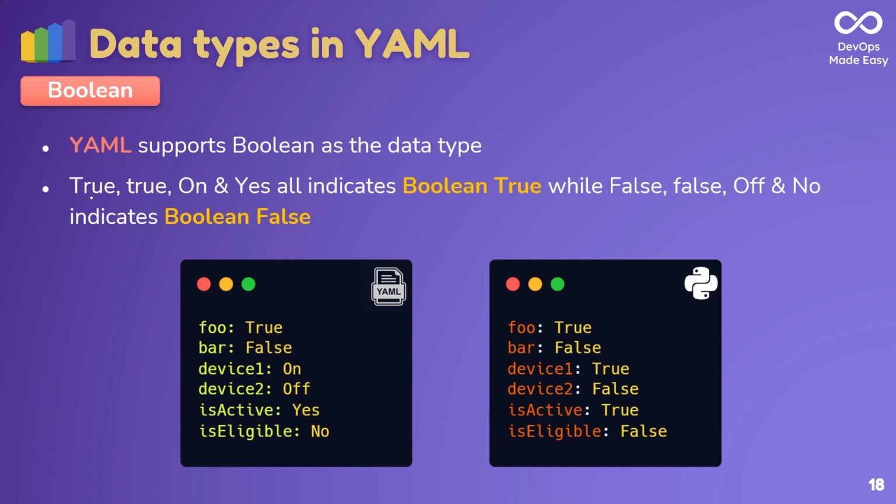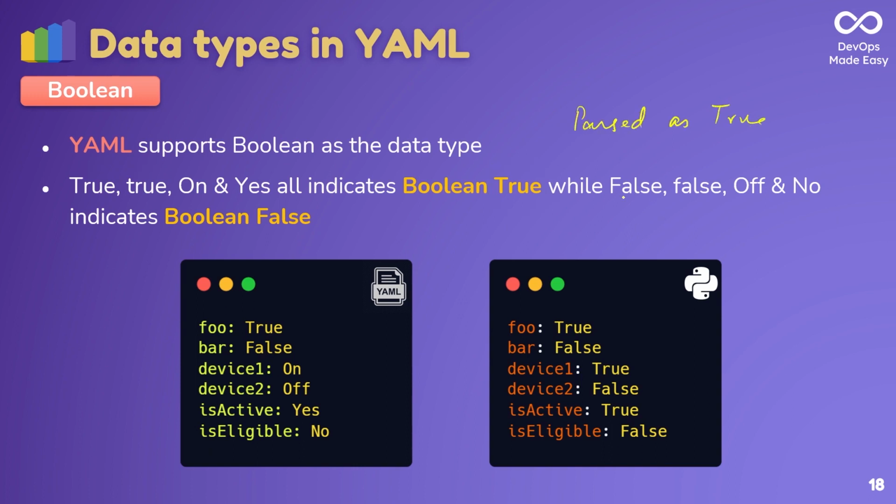So here inside YAML, I can use either true with capital T, true with small t, on, yes, all indicate the Boolean value of true. I can use true, on, yes, all will be passed as true.